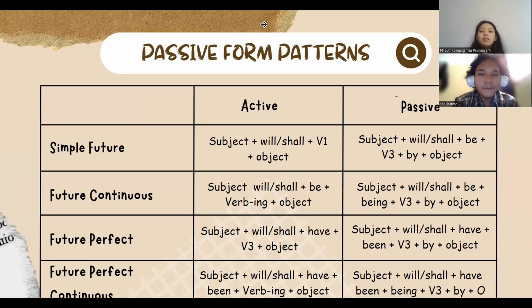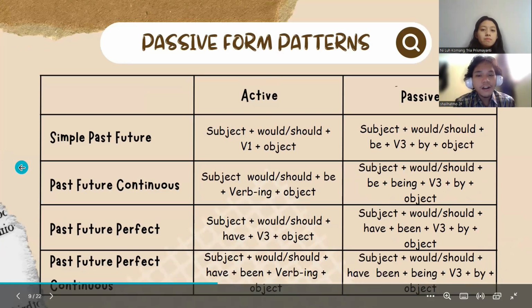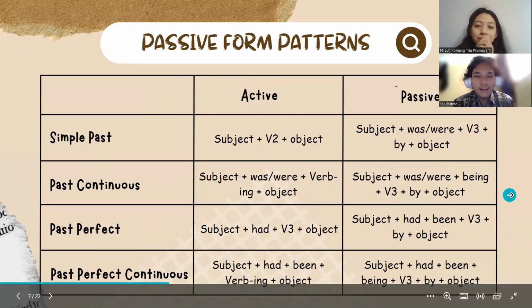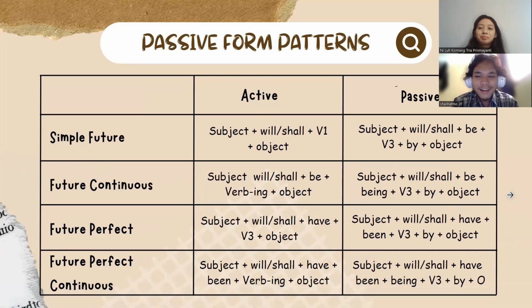Okay, passive form patterns. Simple future, active: subject plus will or shall plus verb 1 plus object. And passive is subject plus will or shall plus be plus verb 3 plus by plus object.